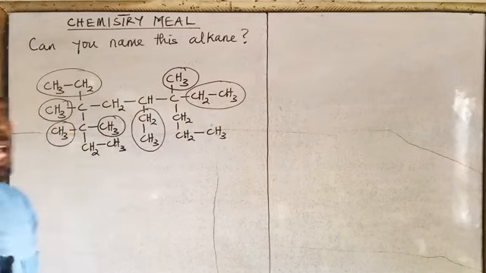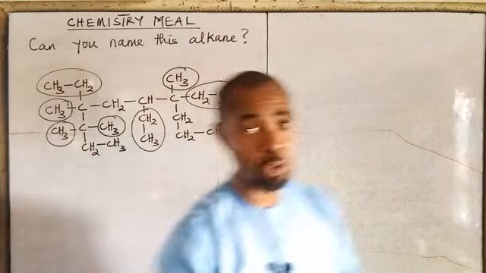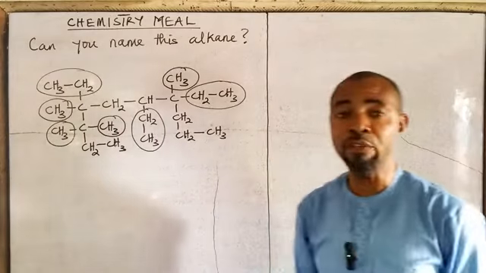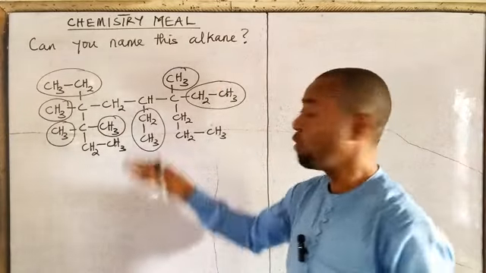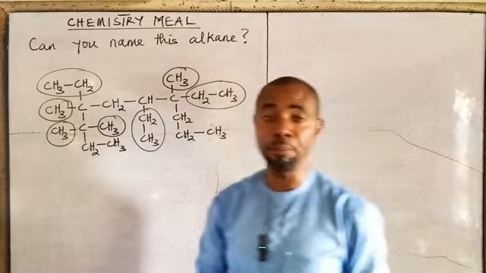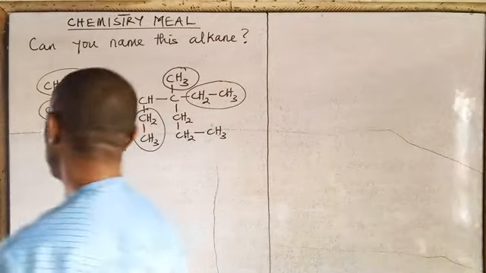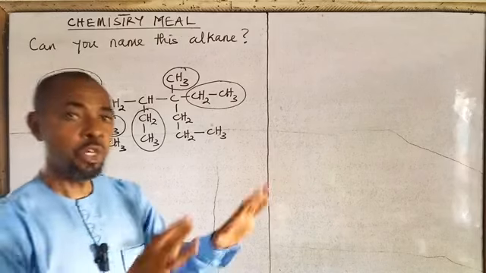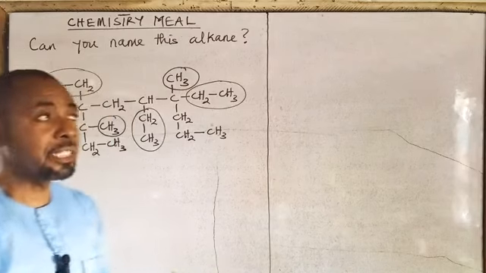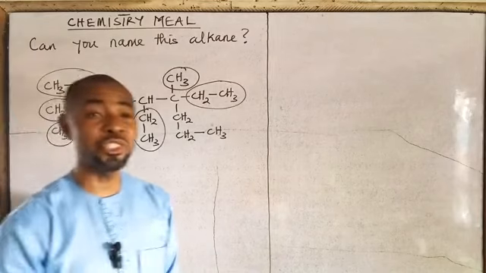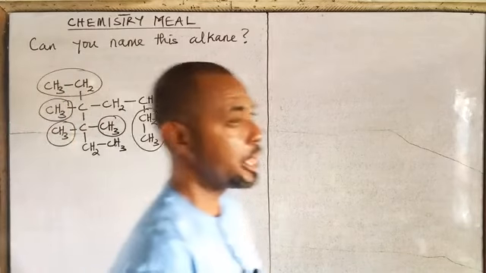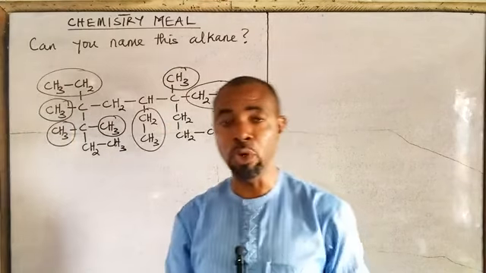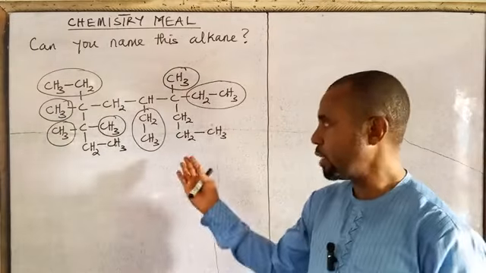So the moment you are able to identify the longest continuous carbon chain, the next thing you have to do is to take note of the groups that are not part of the chain. These groups are called what? The substituent groups. Remember the first step: identify the longest continuous carbon chain, either straight or branched, because the longest chain may not necessarily be a straight chain, as we can see here.